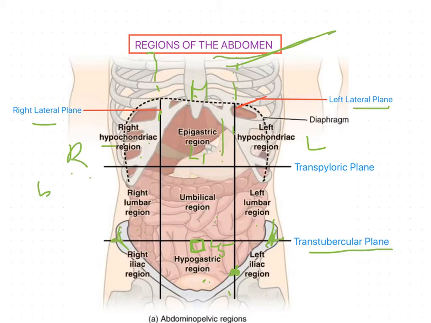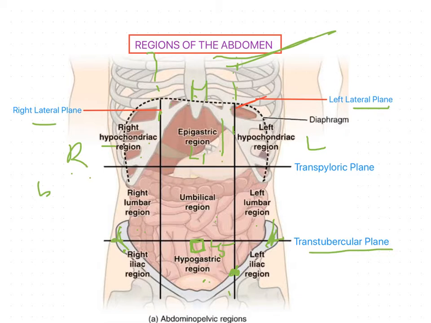If you can see this bone, the hip bone, you'll find this iliac crest, which is nearer to this region, so it is called the iliac region. In the hip bone we have many regions: ilium, ischium and pubis, but this region is nearer to the ilium, so it is called the right iliac region and left iliac region.